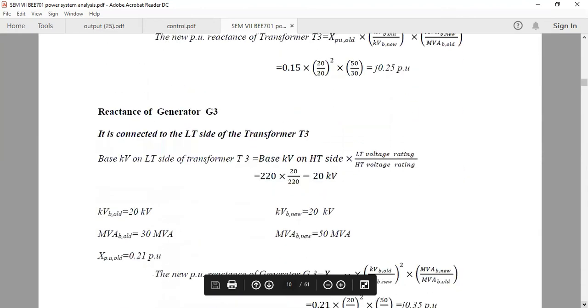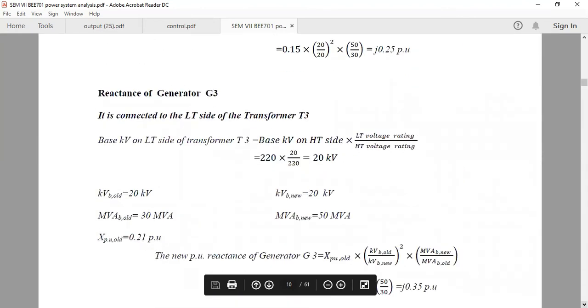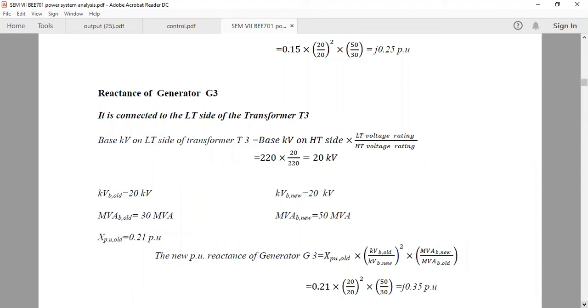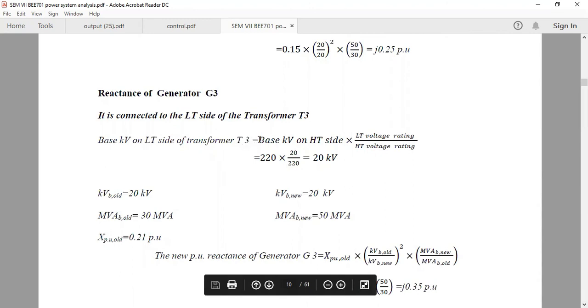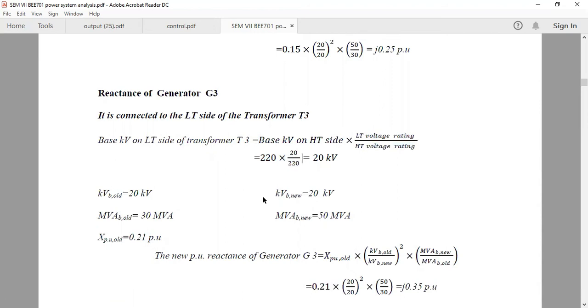Then moving to the next element, the reactance of generator G3. Once again, we need to calculate the voltage on the generator side. As previously calculated with the same formula, for generator G3 the new base voltage is 20 kV.